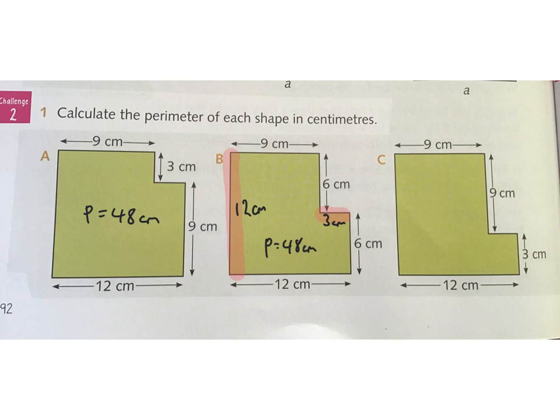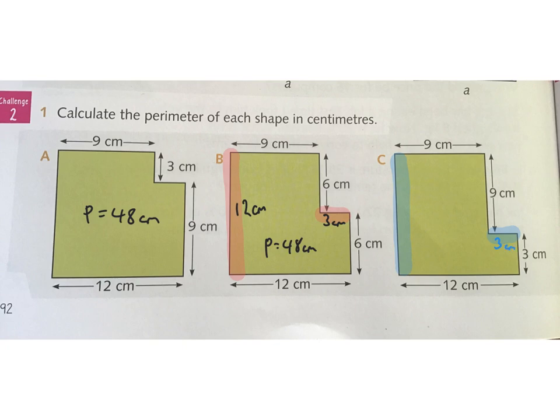Let's look at C. So in C, this is a missing side and this is a missing side. And you may be starting to see the pattern here. If this horizontal side is 9 and when you add this one on it makes 12, then the little missing side must be 3.